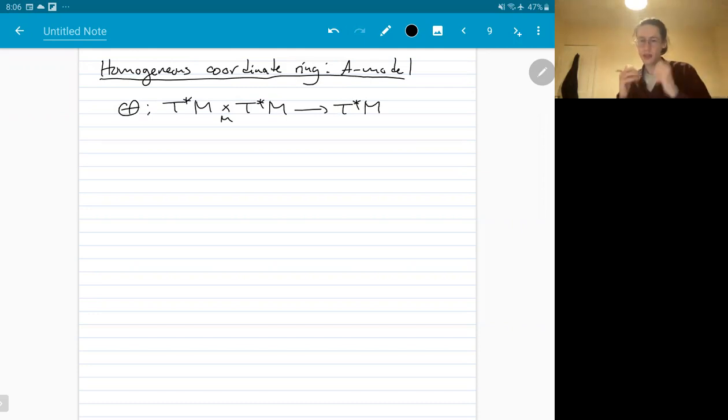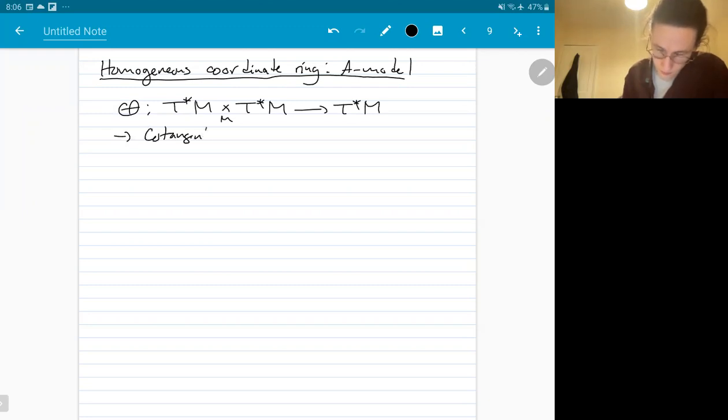You can add the vectors in the fibers. So this addition makes the cotangent bundle into a symplectic groupoid.